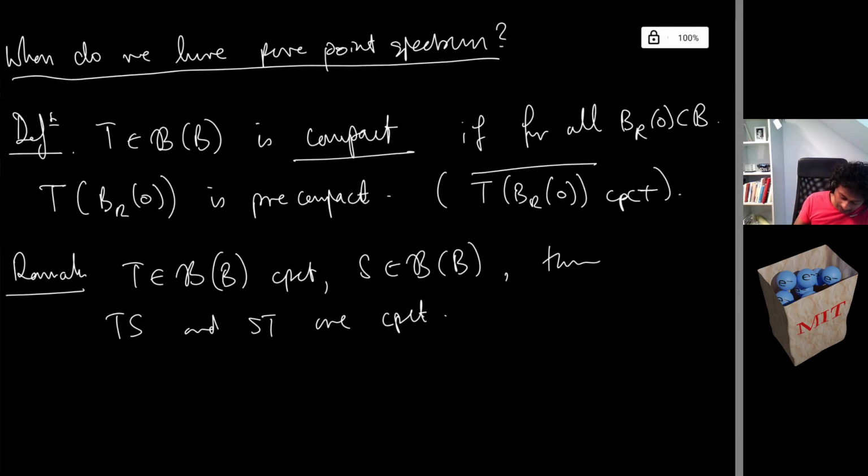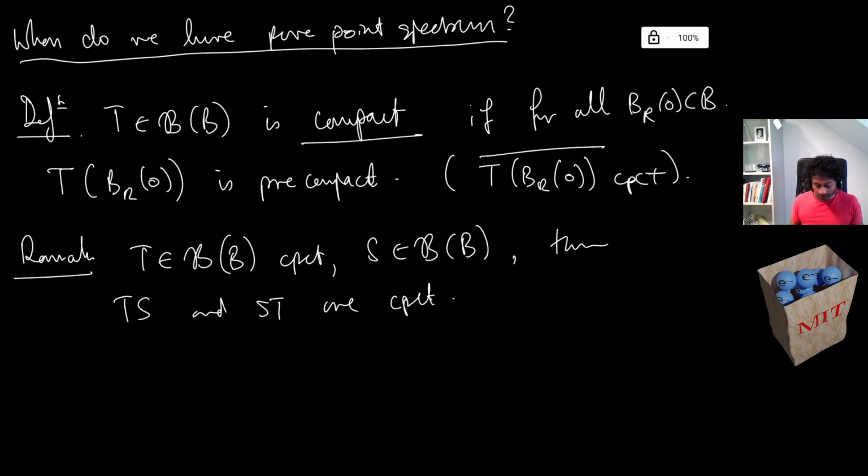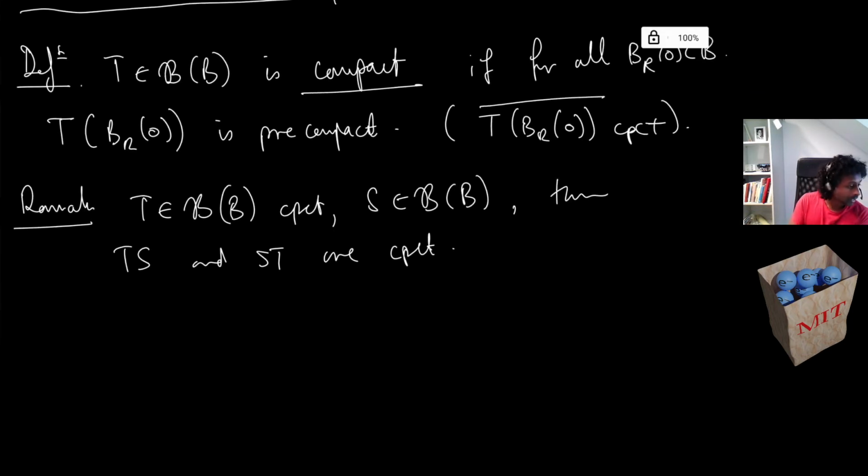Okay, so compositions of operators with compact operators result in a compact operator. So why do I talk about this? So let's have a proposition.